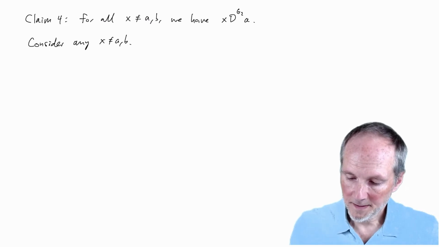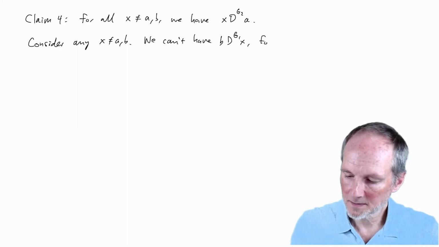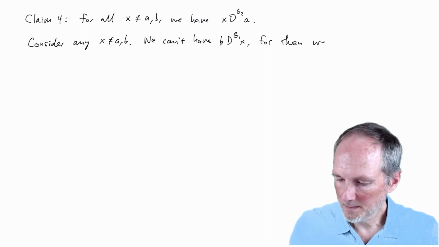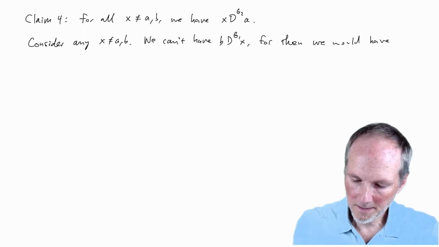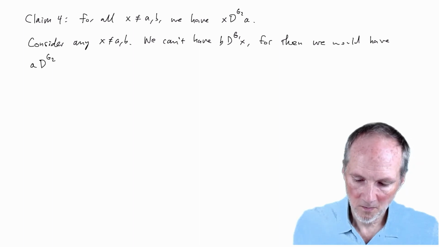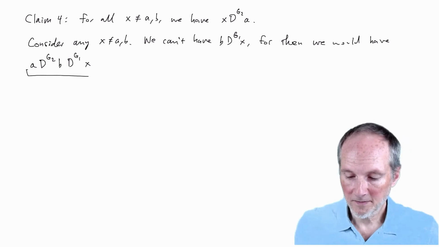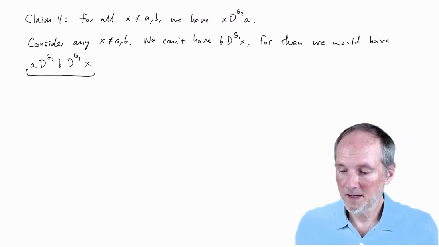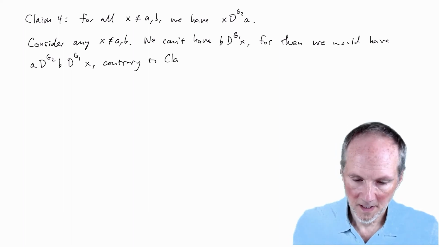Okay, notice that we can't have G1 being decisive for B over X, for then we would have, since we already showed G2 was decisive for A over B, this kind of chain of decisiveness that was ruled out in claim 1.